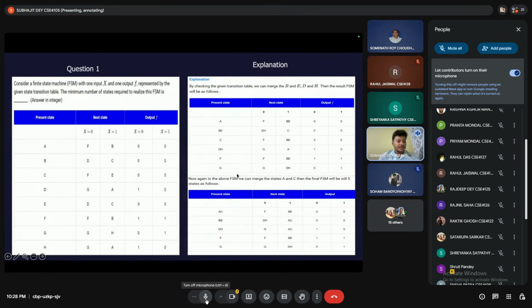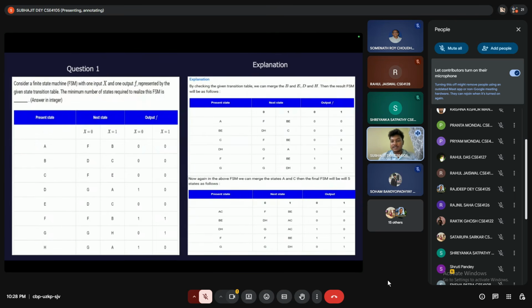Consider a finite state machine with one input x and one output f, represented by the given state transition table, and the question is the minimum number of states required to realize the FSM. The table gives present state, next state, and output. Now the answer explanation.